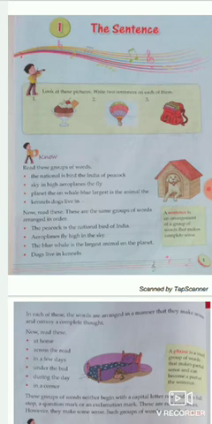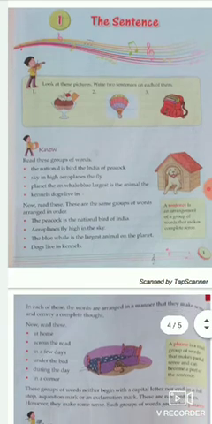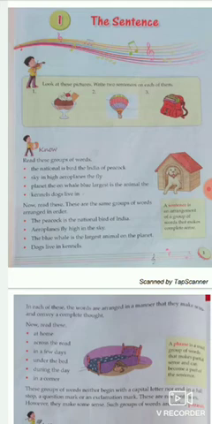Any of the letters of the English alphabet except A, E, I, O, U are called consonant. For example, B, C, D, F, G, H, J, K, L, M, N, P, Q, R, S, T, V, W, X, Y, Z. These are consonant.